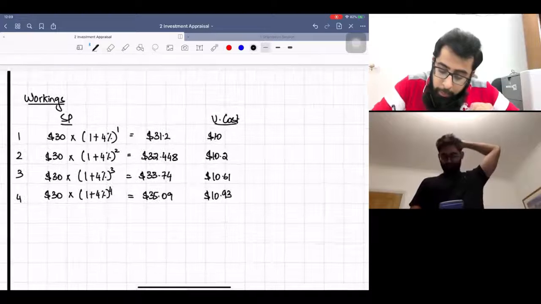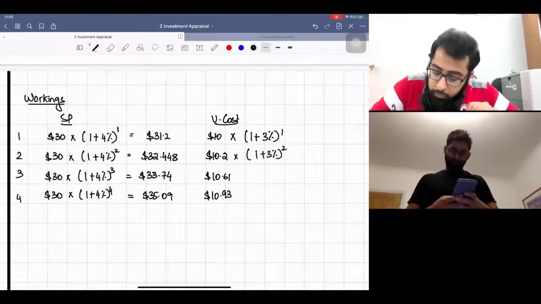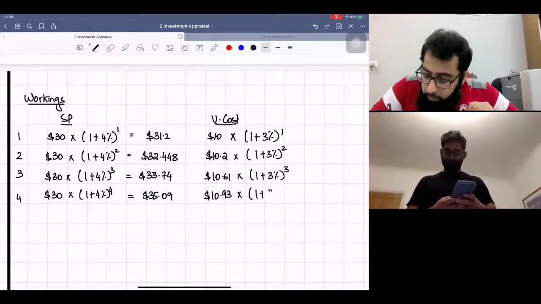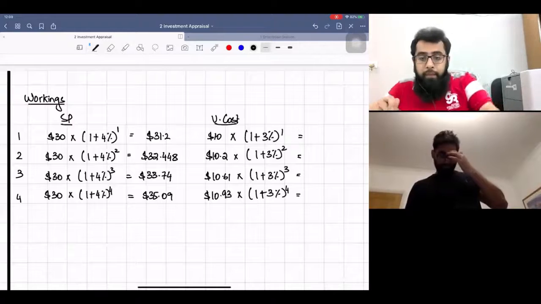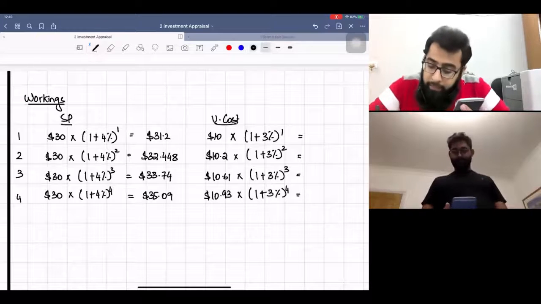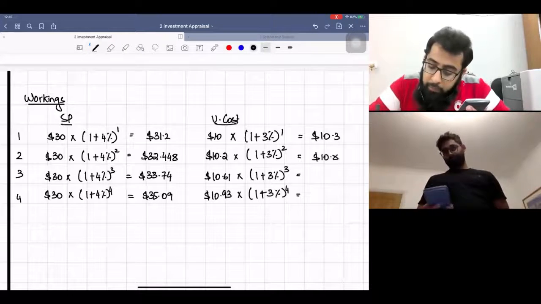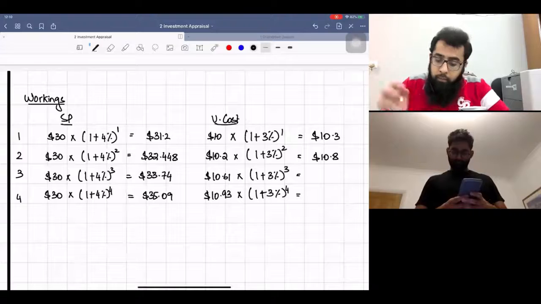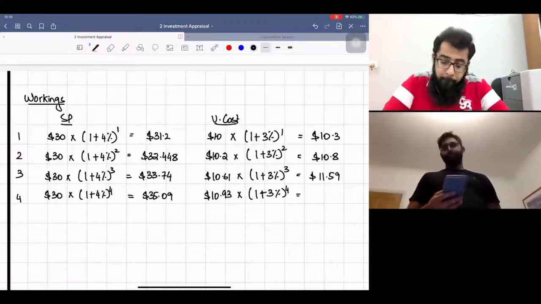Now what you need to do is the same thing with power: 1 plus 3% power 1, 1 plus 3% power 2, 1 plus 3% power 3, and 1 plus 3% power 4. So 10 into 1.03 is $10.3, year 2 is 10.8, then 11.59, and 12.3.